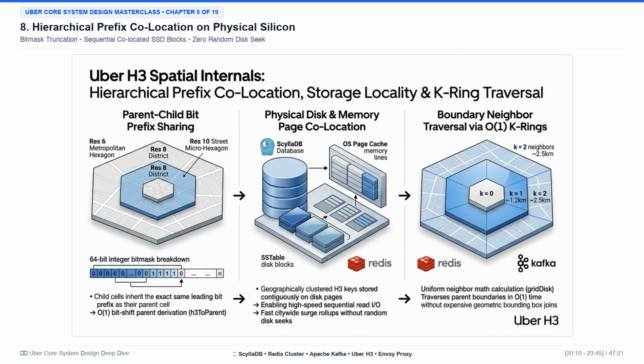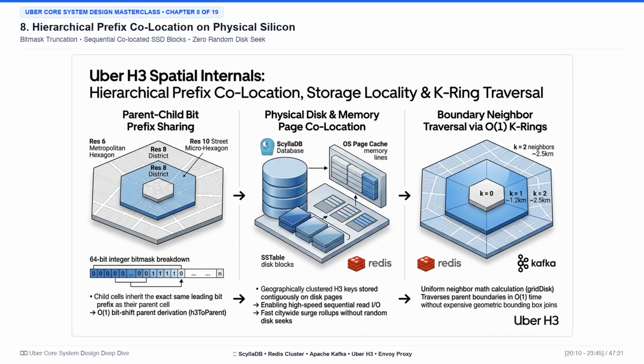Yes. And because of that physical nesting, H3 is designed so that the child cell inherits and shares the exact same leading binary bits as its parent cell. Wait, really? Yes, the prefix of the string of ones and zeros is completely identical. So if the zip code is, say, 1011, the street block starts with 1011 and just adds some extra numbers at the end. Exactly. Now think about what that means for computing.